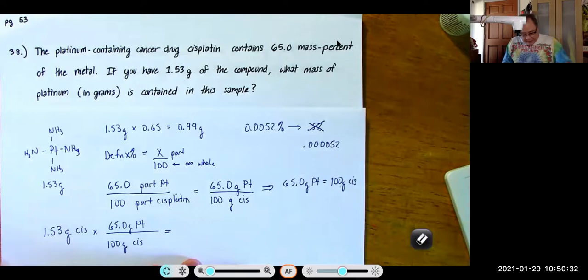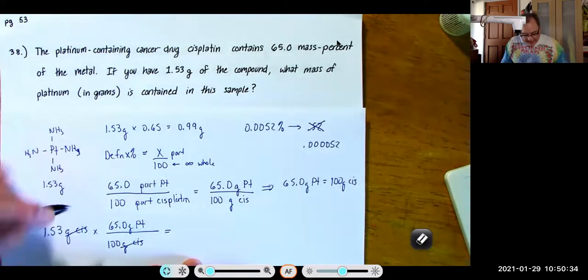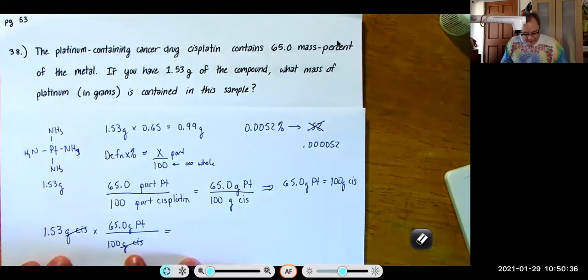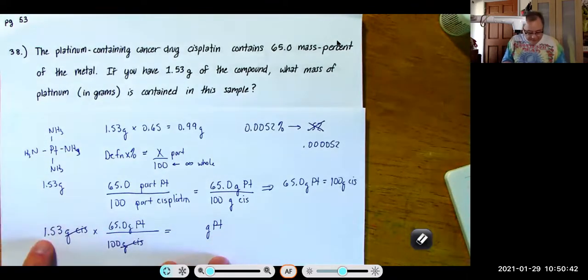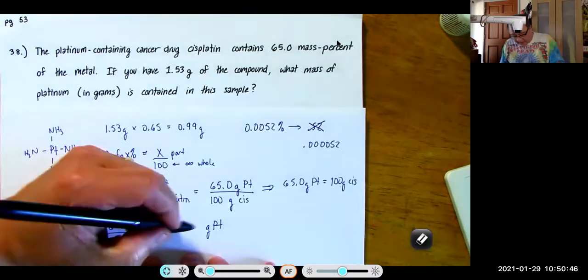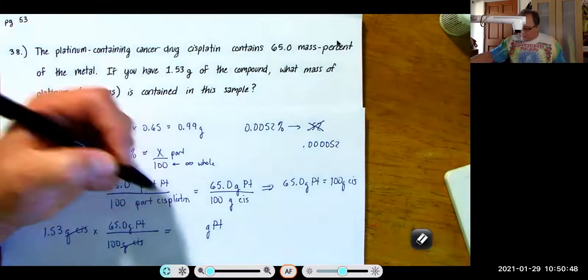And here, notice that the grams of cisplatin cancel. And we're going to get grams of platinum. And we can see that we're going to end up getting about 2/3 of 1.55.